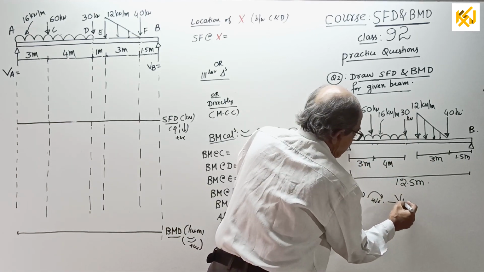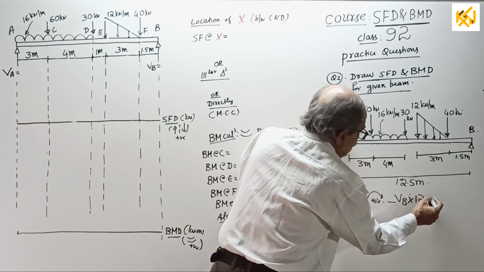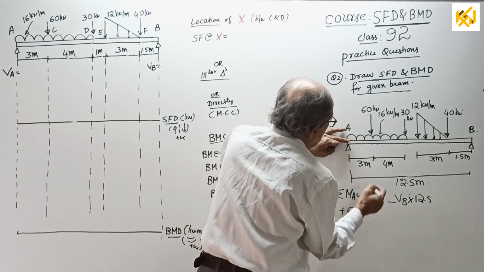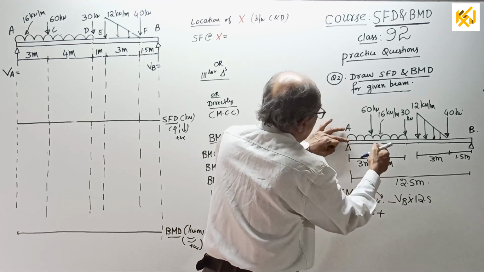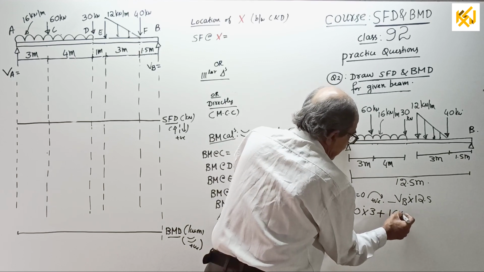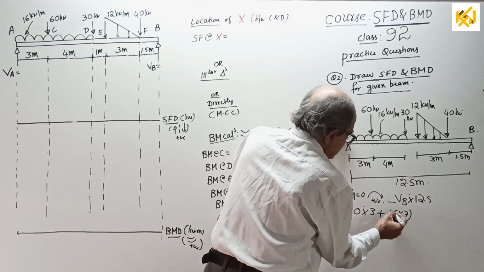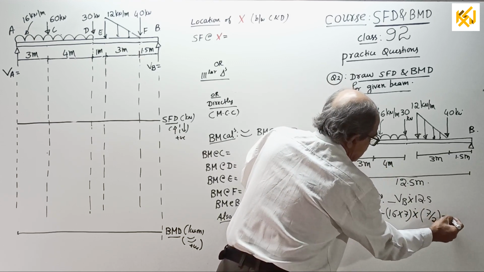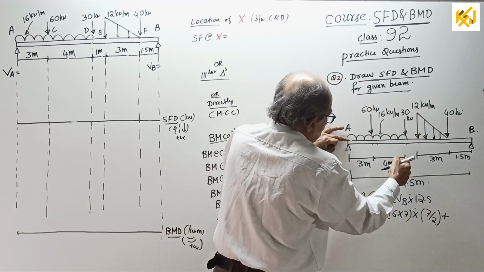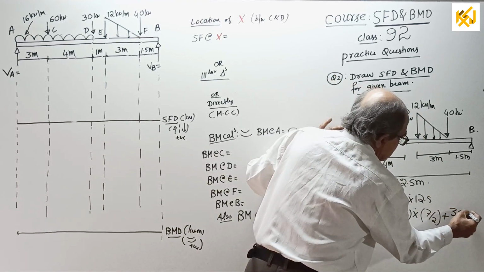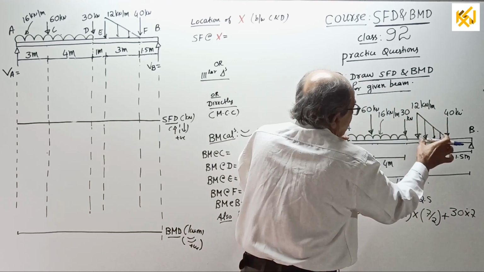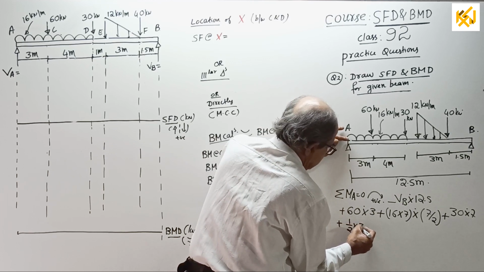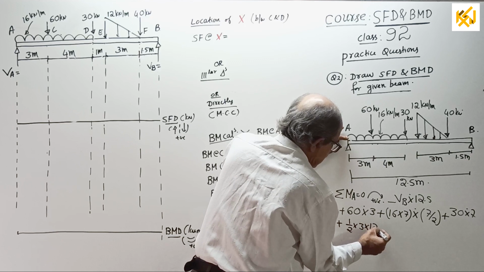So, minus VB into 12.5 anticlockwise, plus the point load 60 into 3, plus the UDL 16 kilonewton per meter for 7 meters multiplied by half of 7, plus 30 into 7, plus the moment of this uniformly varying load, half into 3 into 12 is the total load.